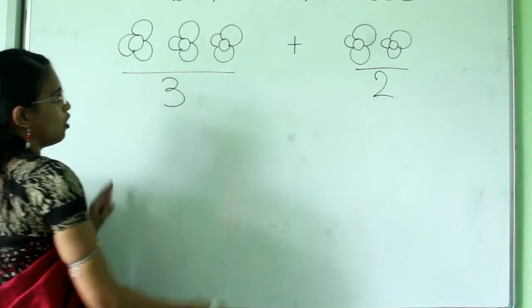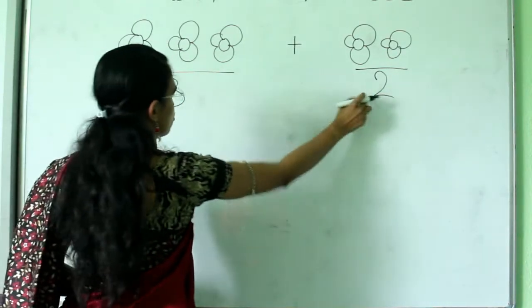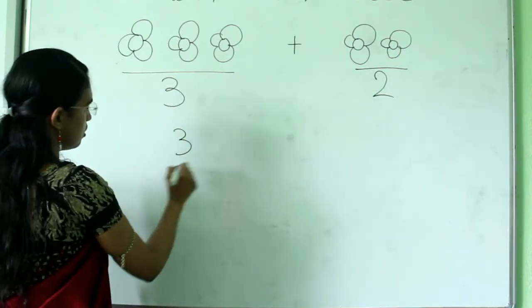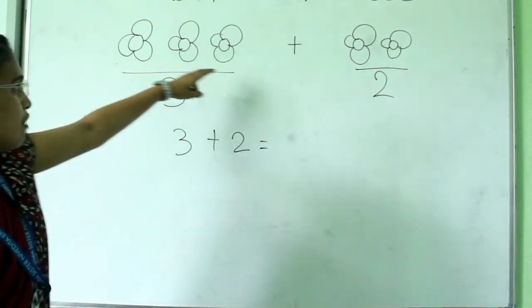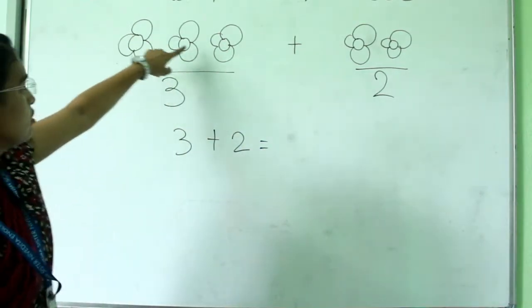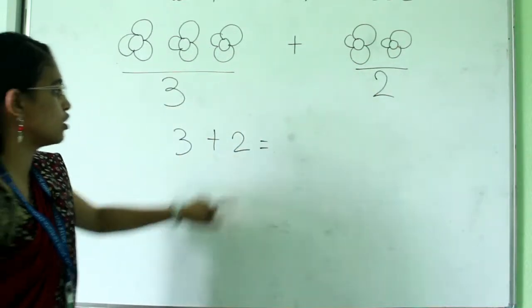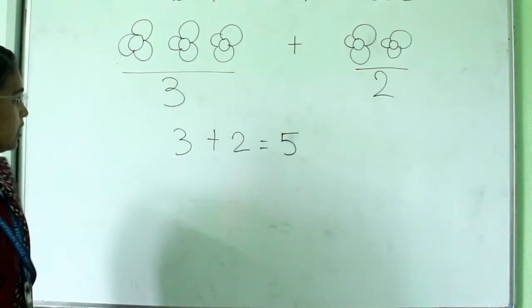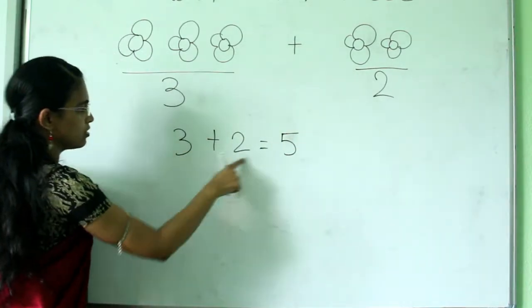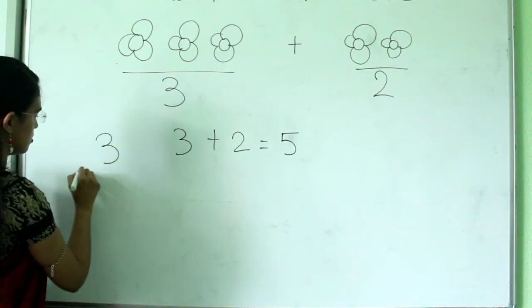So now all together I have how many flowers? 3 plus 2. Let's count. 1, 2, 3, 4, 5. That means 3 plus 2 equals what? 5. Okay.